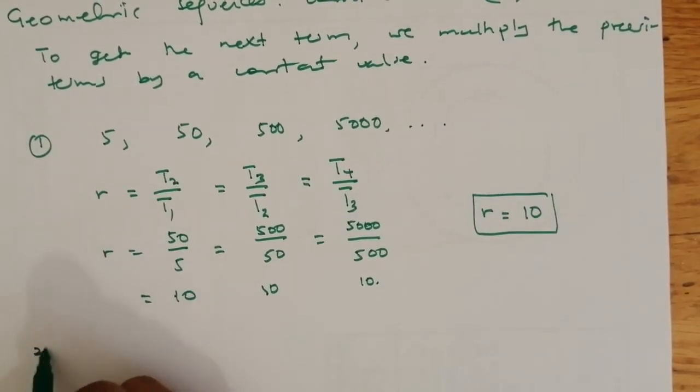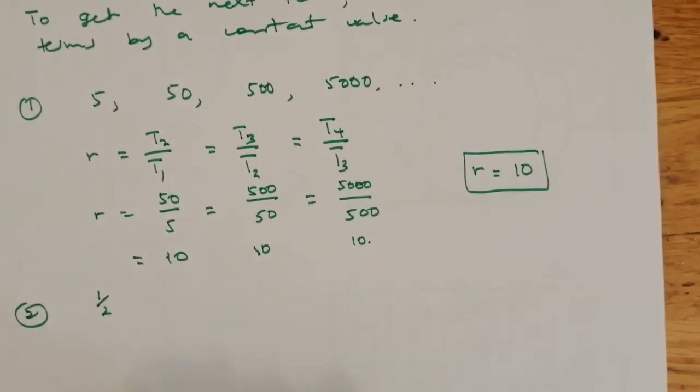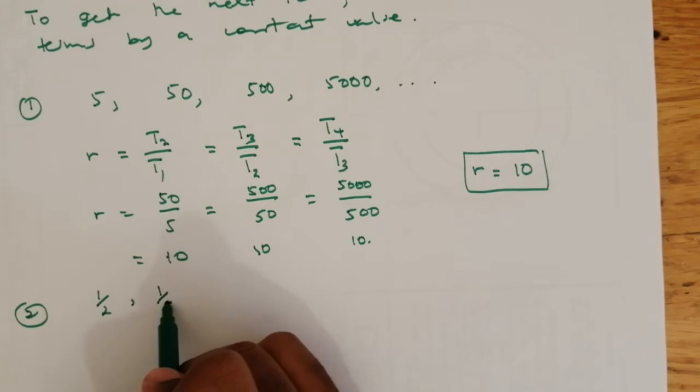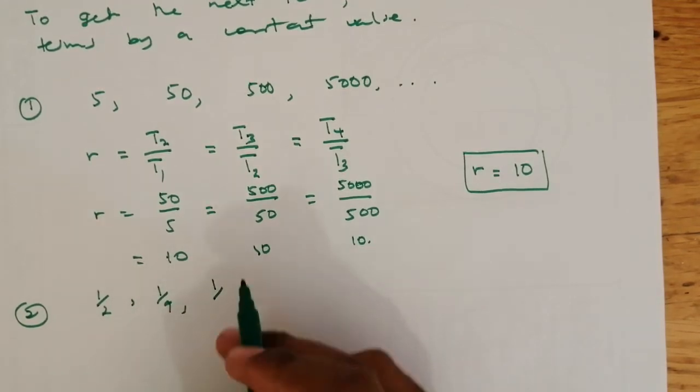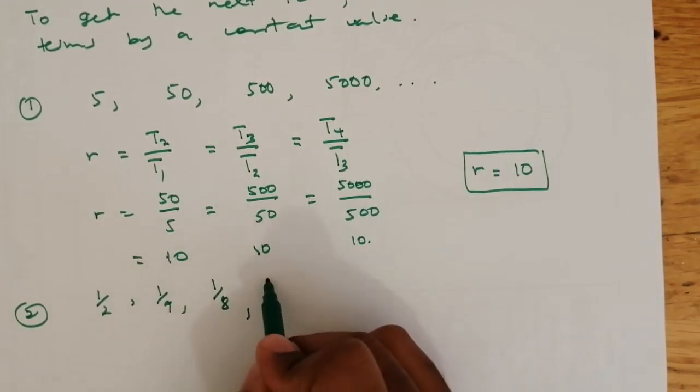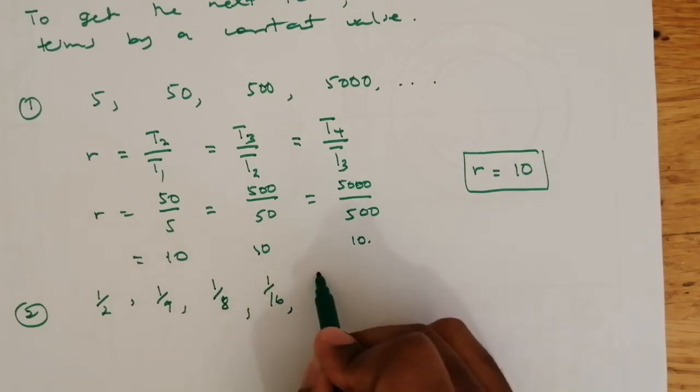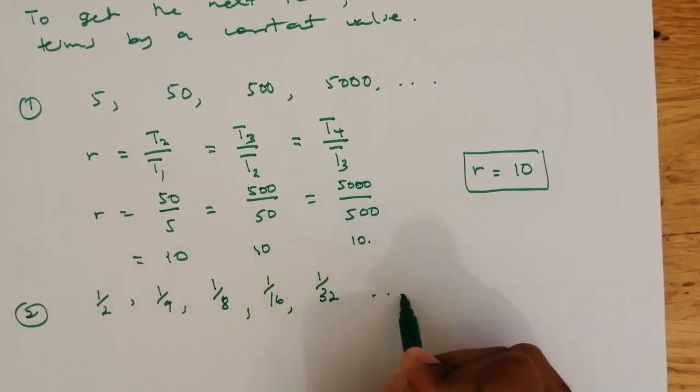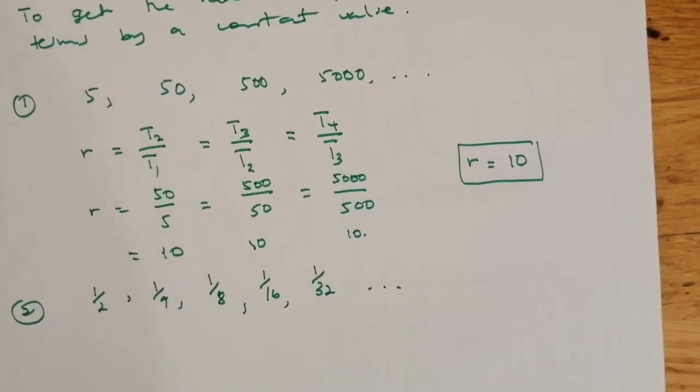Okay, let's check. Let's say we're given now fractions. 1 over 2, 1 over 4, 1 over 8, 1 over 16, 1 over 32, and so on and so forth. All right. So maybe we are asked to find here the common ratio, or rather to determine whether this is a geometric sequence or not.